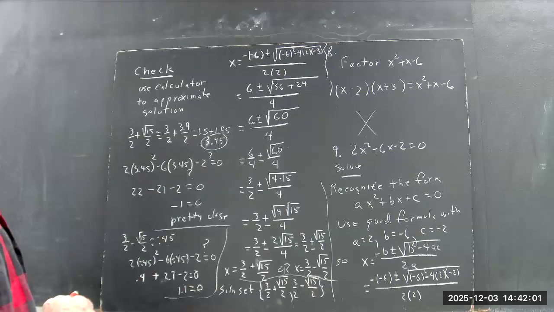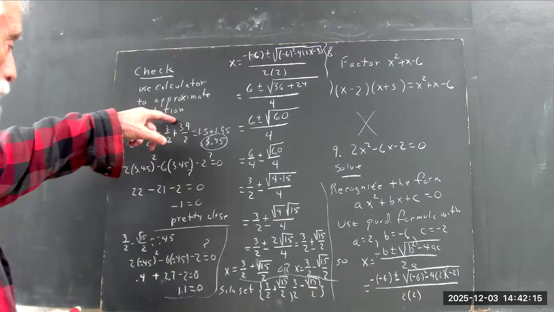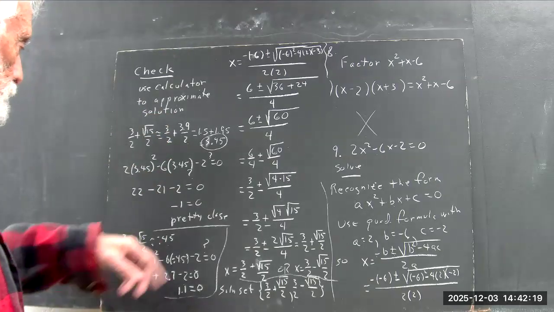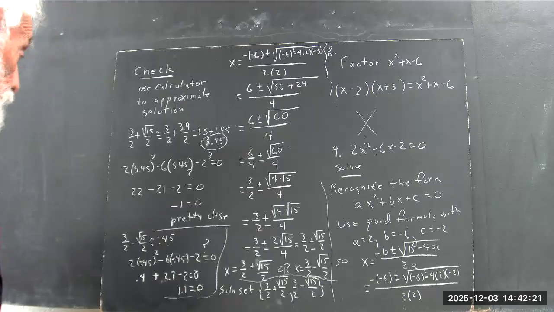My 3.9, oh, you know, minus 3.9, that's going to be negative 0.45. This number should have been a little smaller, but not much. Anyhow, I'm not going to belabor it. You can plug the accurate numbers in and see what you get.